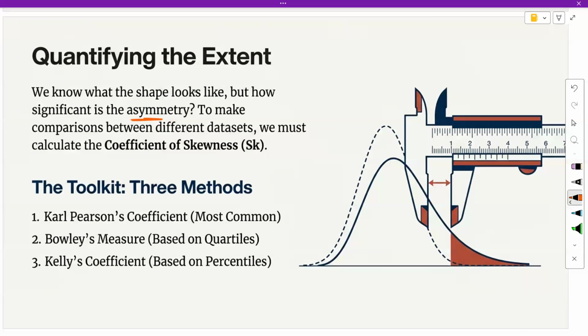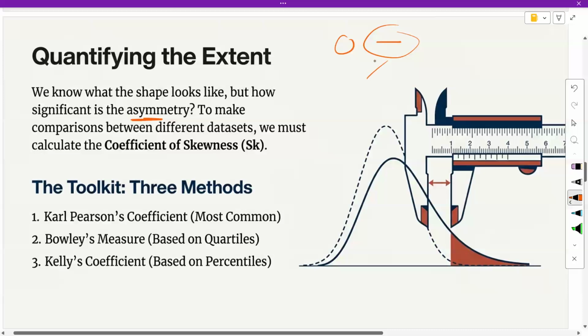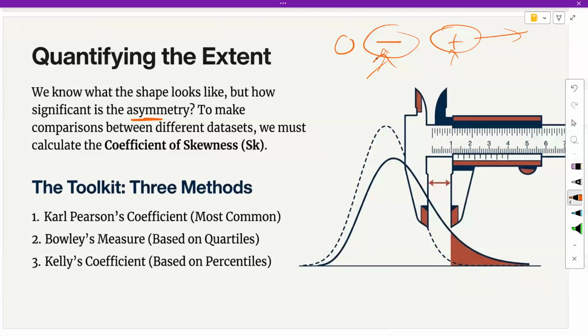If the measure shows a negative value, that is negatively skewed. A positive value means positively skewed. So this sign, plus or minus, gives us an idea whether the data is negatively or positively skewed.